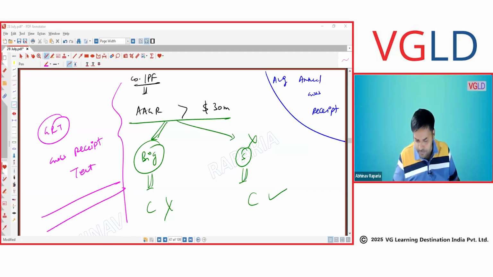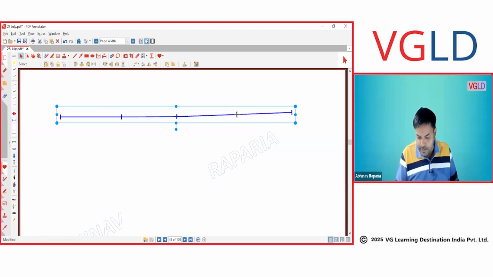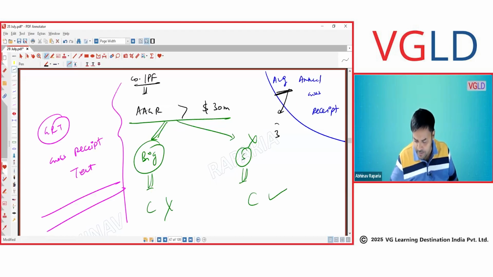Let's try one question. What we are saying is the AAGR. That means we are going to take the average of the last 3 years.